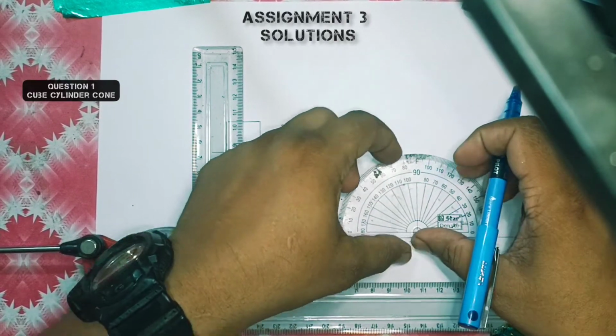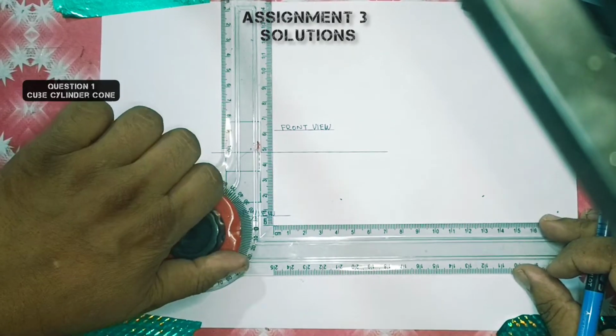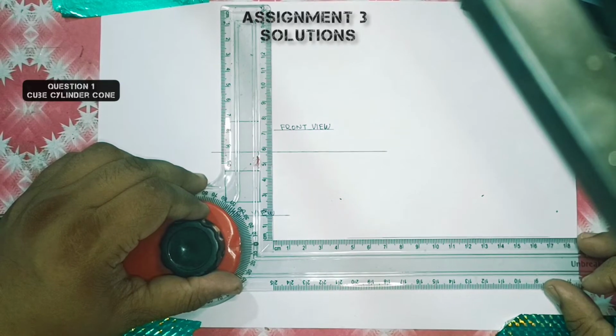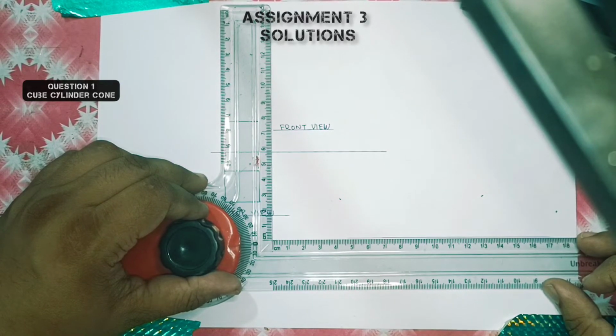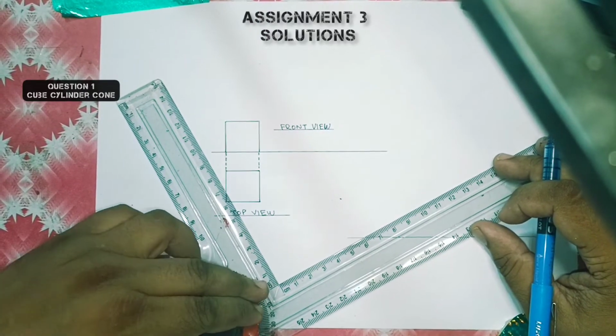This angle would always be 30 degrees. You can also use this scale to make a 30-degree angle, like if you calibrate first, this is 0, then you can make 30 degrees like this.